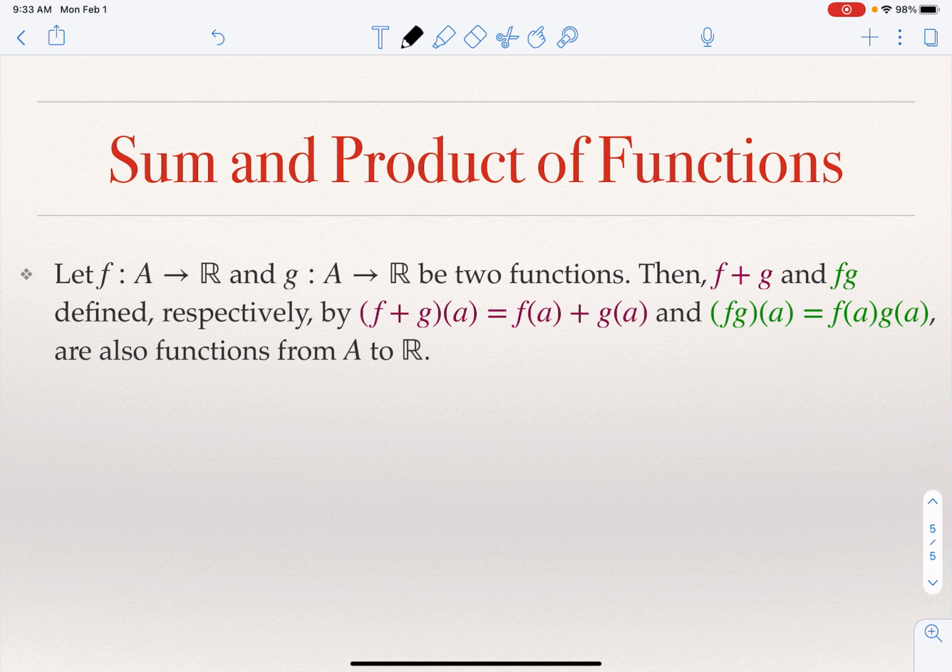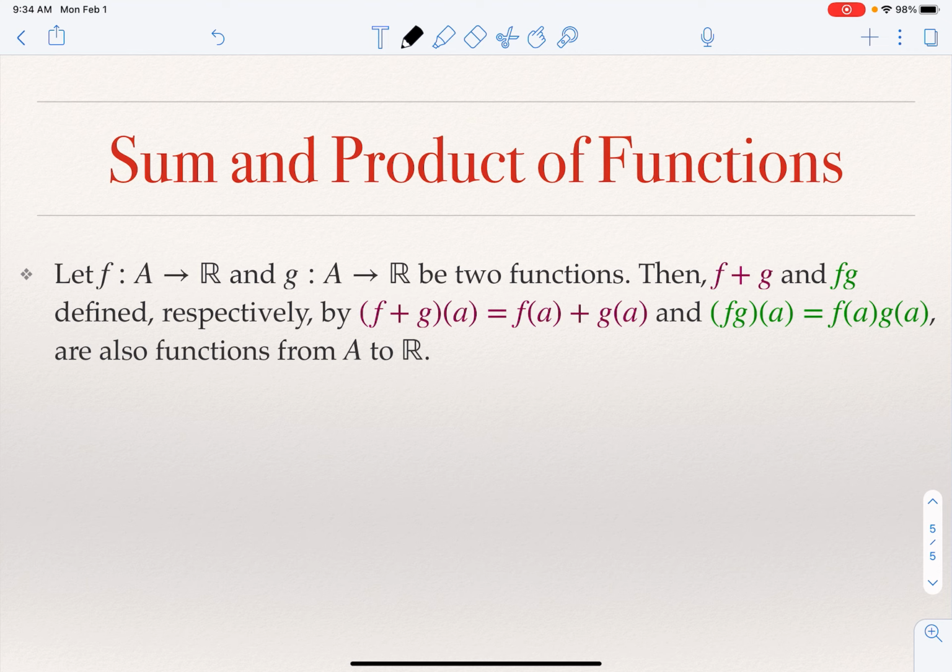So think of two functions f from set A, a non-empty set, to the real numbers, and g is the same thing from A to the real numbers. f plus g, you take f of a and g of a and take the sum. f times g, you take f of a times g of a, and this is the product.